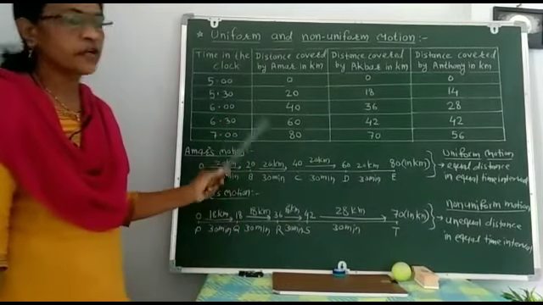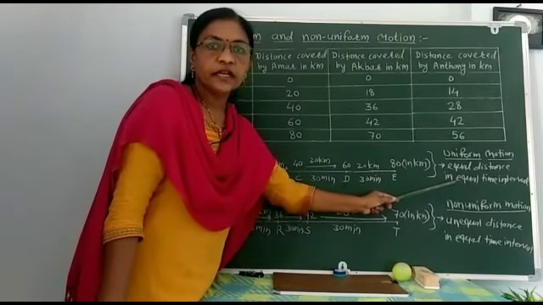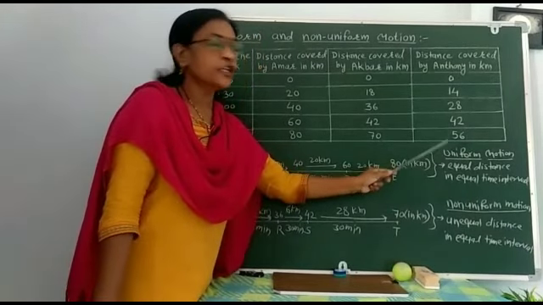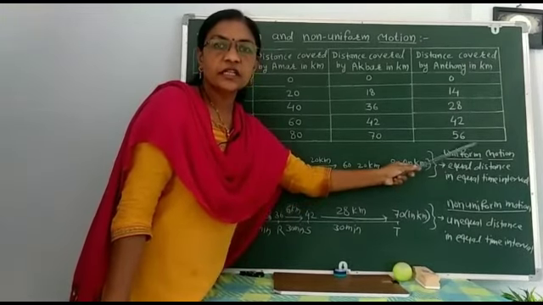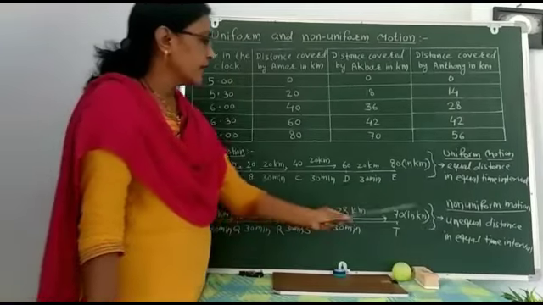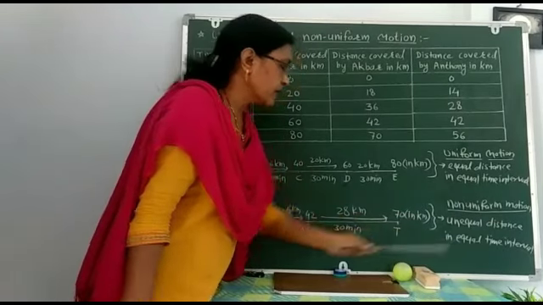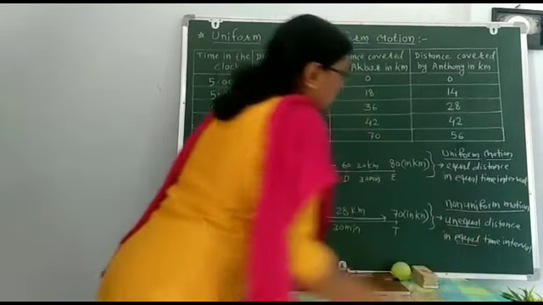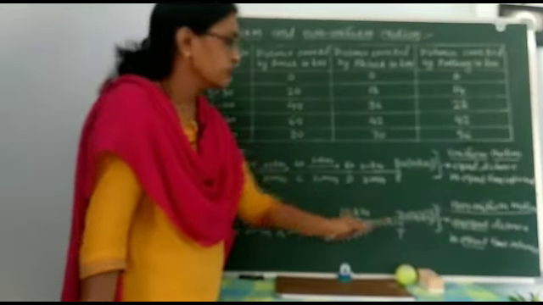When an object covers equal distance in equal time interval, then the motion of that object is said to be uniform motion. एखादी वस्तू सारख्या कालावधीमध्ये सारखाच डिस्टन्स ट्रॅव्हल करत असेल तर त्या वस्तूची मोशन म्हणू आपण युनिफॉर्म मोशन. नंतर if an object covers unequal distance in equal time interval, such type of motion is called non-uniform motion.